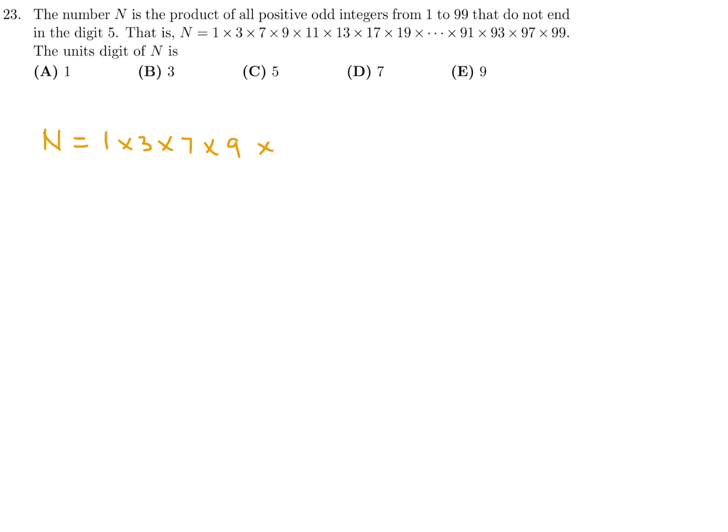Okay, you keep going with odd integers, 11, 13, but you skip over 15 because that ends in a 5. So we got 17, 19. And then you just keep doing this, right? Until you get to the very end, which is 91, 93, 97. You skip over 95, and then 99 at the very end.